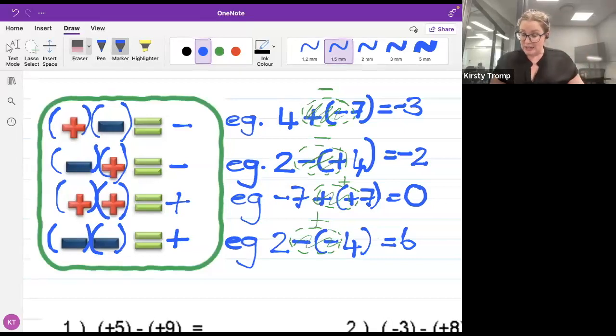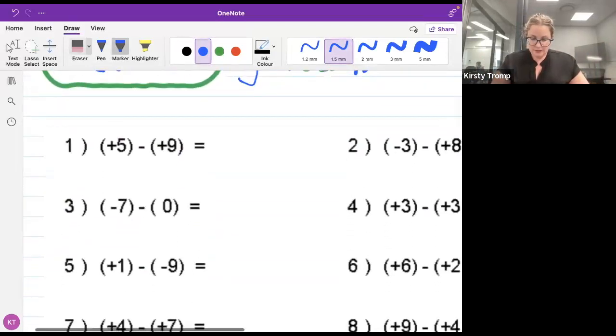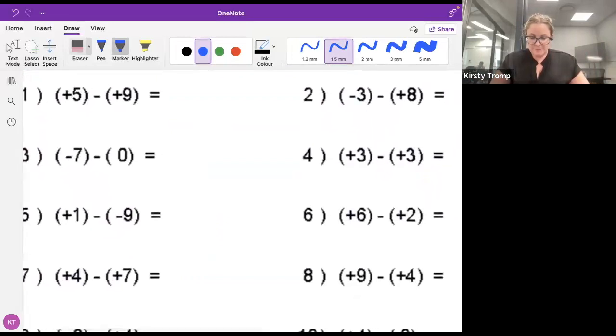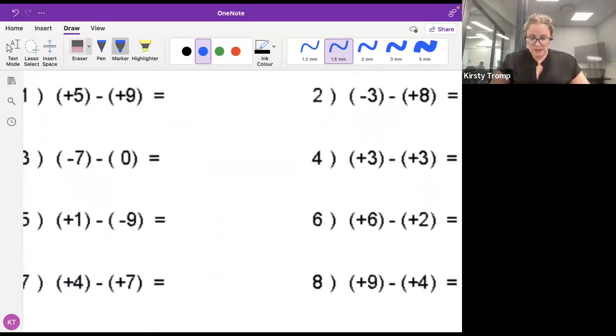Before we carry on with today's lesson, which is word problems again, we're going to revise this really quickly because it's important that we've got the foundation laid, and then we're going to move on to today's lesson. I am going to give you a little bit of time.